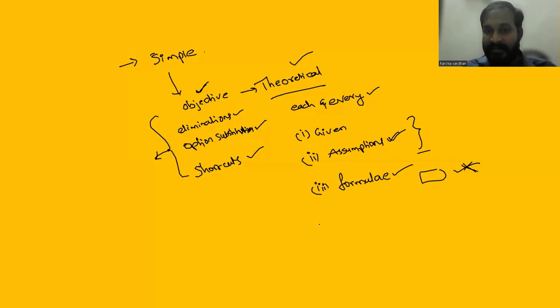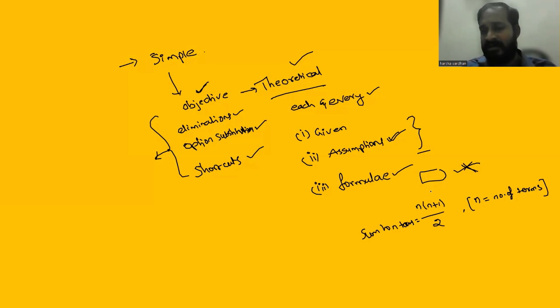For example, if I say sum to n terms, what is the formula? n into n plus 1 by 2. You will write it as sum to n terms. After writing that, make sure that you write here n is equal to number of terms.